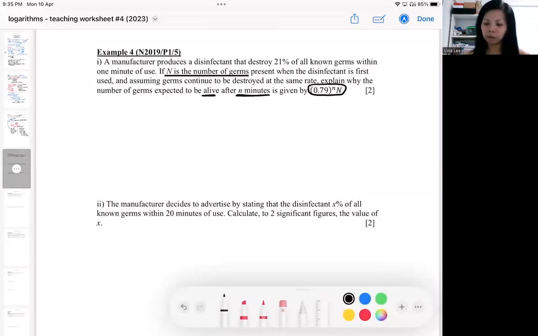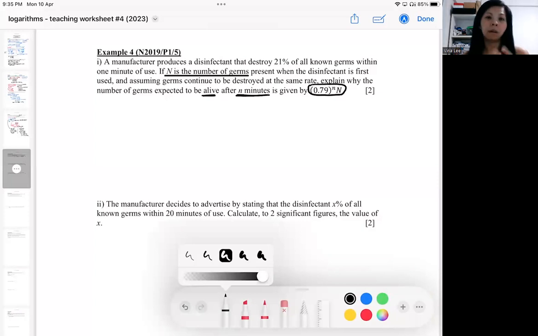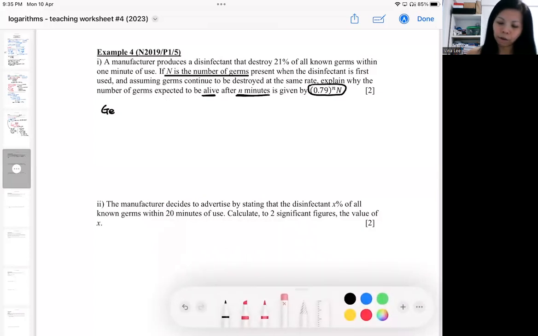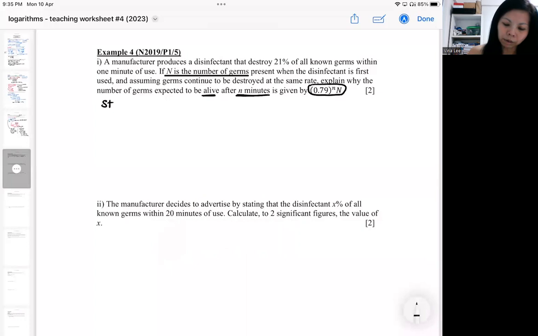So how are you going to explain? You can do it in terms of pattern. For example, I start off with n germs. How many germs are alive after 1 minute?